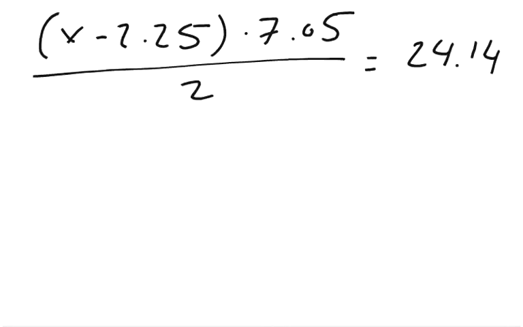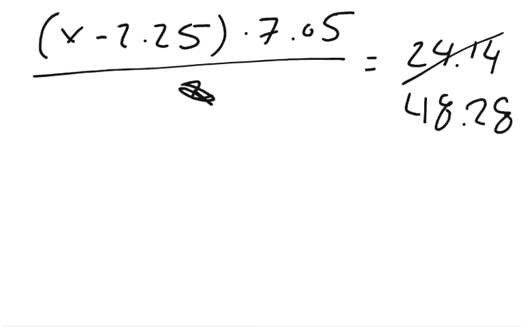So I set up my problem. The first thing I'm going to do is multiply both sides by 2. That will cancel the 1/2 and take the right side to 48.28.